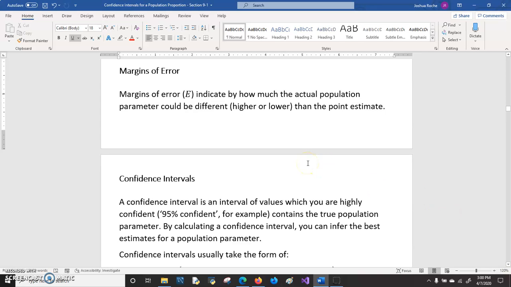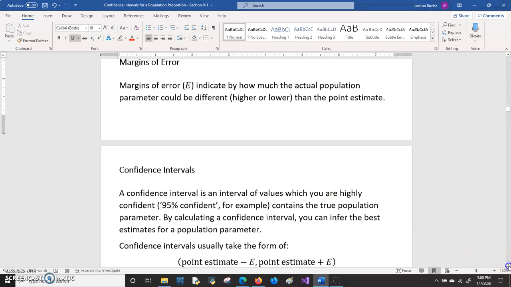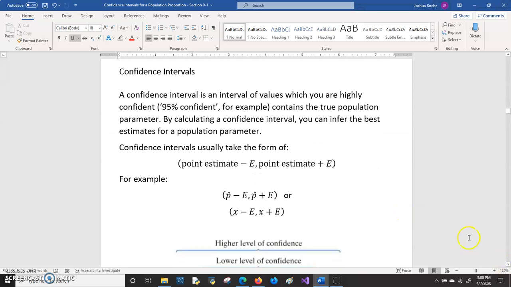In that last example, the margin of error was calculated, and the margin of error indicates by how much the actual population parameter could be different, either higher or lower, from that point estimate. And confidence intervals combine point estimates with the margin of error.